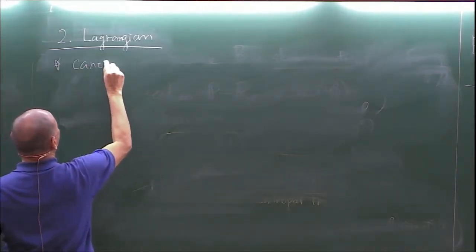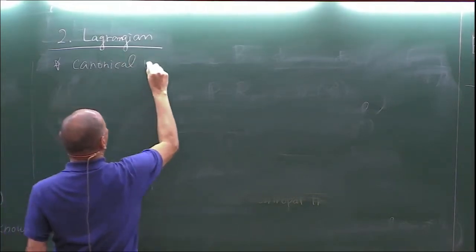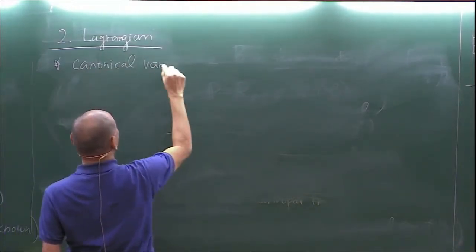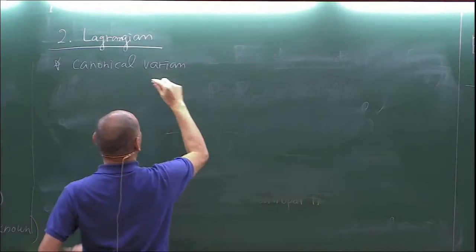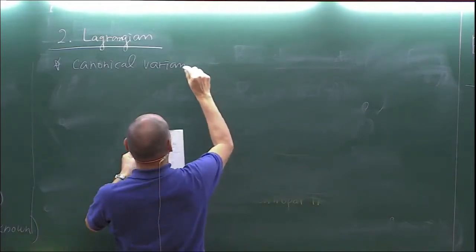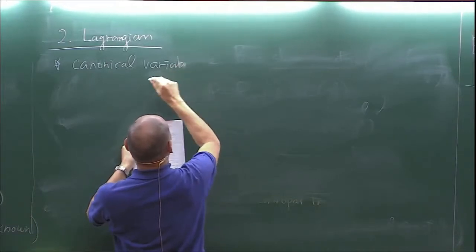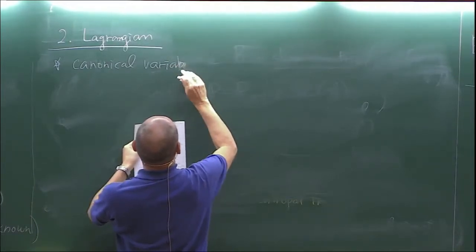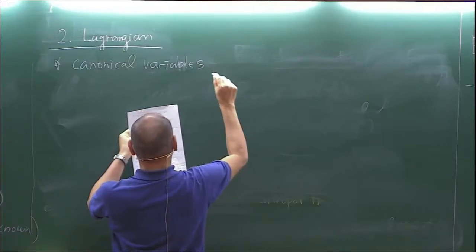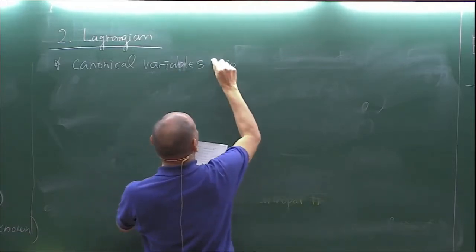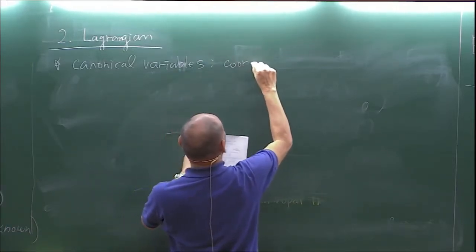It's not canonical in the sense of mathematics at all, but it's a very standard terminology coming back to the 18th and 19th centuries. These are coordinates in the so-called phase space.